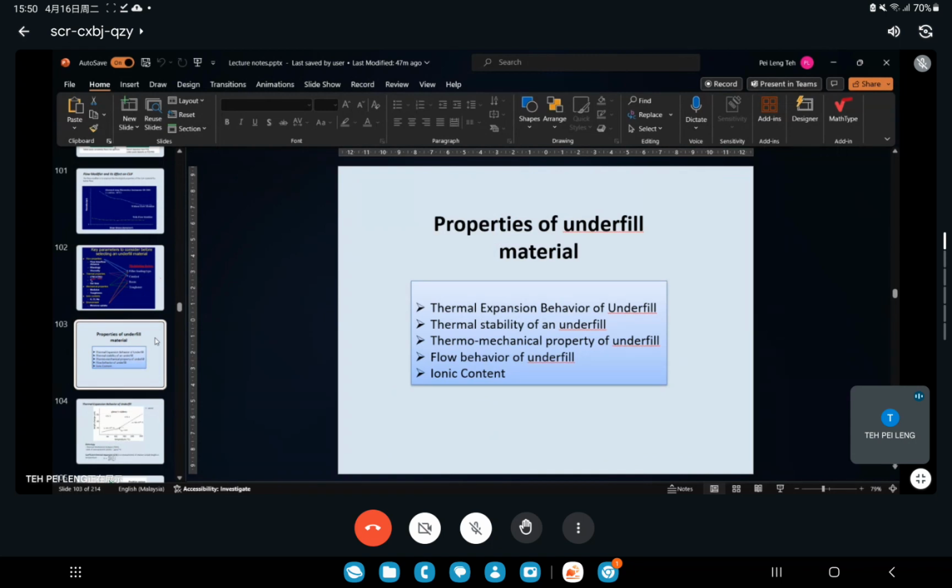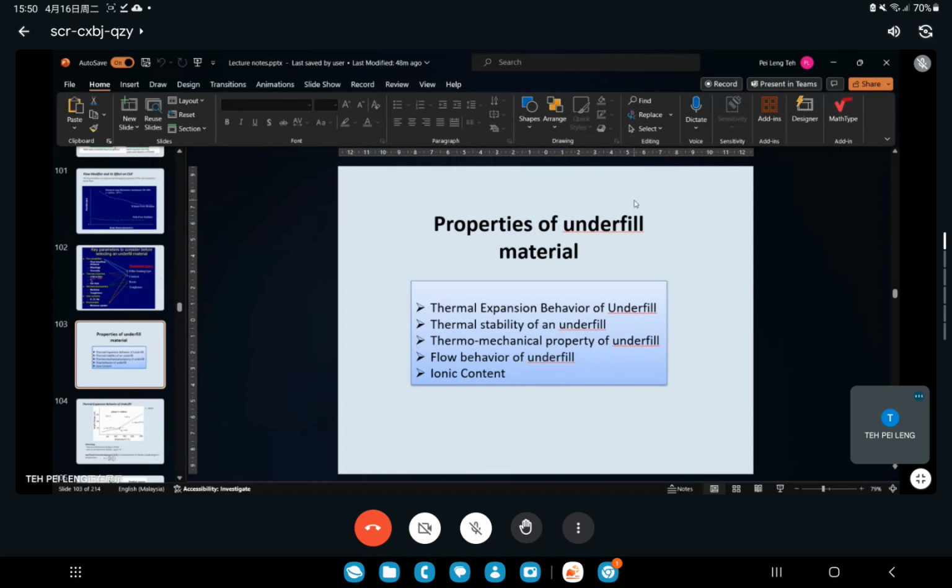Okay, properties of underfill materials. When we talk about properties, before this you have learned all the testing and characterization, right? You have learned many. You have learned mechanical, you have learned thermal. Under mechanical also many: tensile, fracture, impact strength, impact toughness.